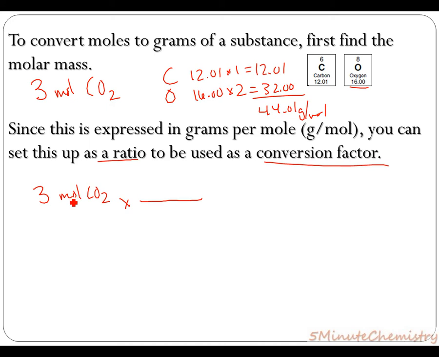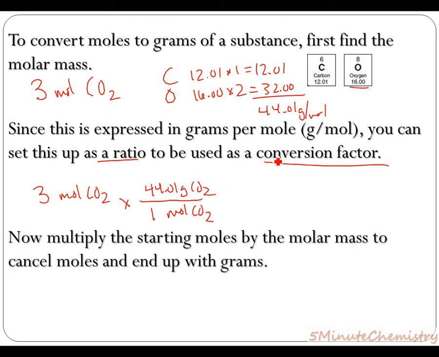Since I have moles on top this time, I need to have the moles of CO2 on bottom. That way, the top and the bottom divide out, and they cancel the unit. So 1 mole of CO2 is 44.01 grams of CO2. This time, we're going to multiply the starting moles by the molar mass. That cancels out the moles, and we'll end up with grams.